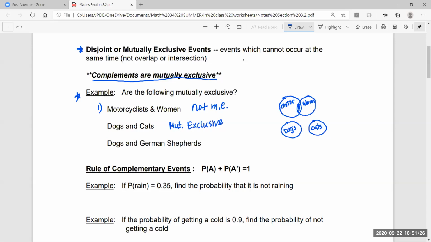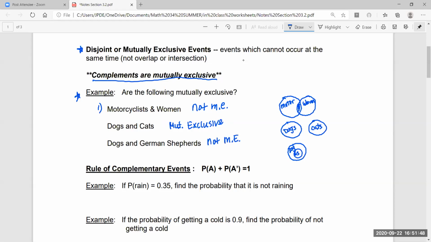And then if we had dogs and German Shepherds, we could have dogs here. Well, German Shepherds, I'll just abbreviate, would be a subset of that group. So they definitely overlap. So this would not be mutually exclusive.